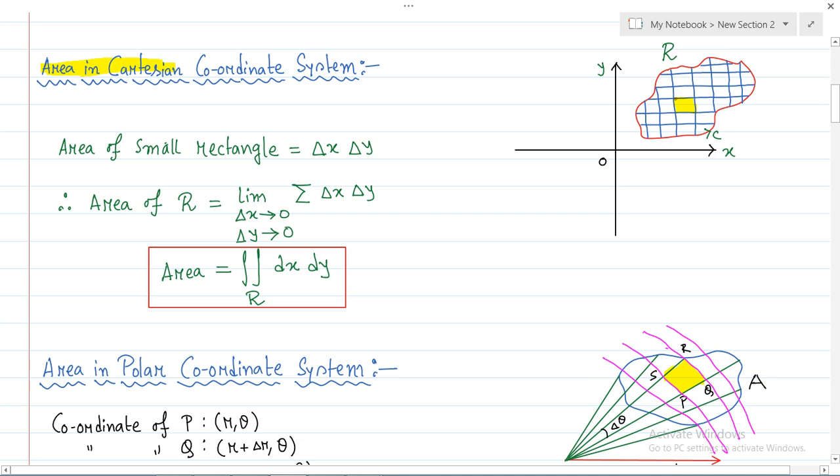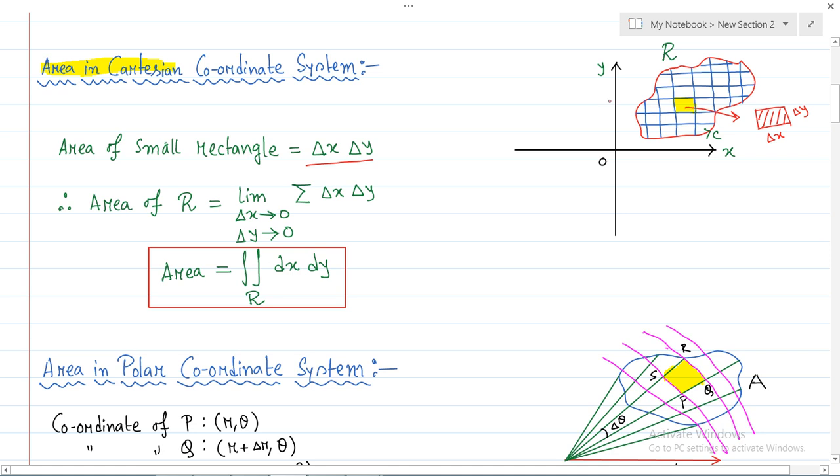If we look at this particular portion, which I have colored yellow, it is considered a small rectangle having length delta x and breadth delta y. Everyone knows that the area of a rectangle can be easily obtained by multiplying length and breadth, so the area of this small rectangle is delta x into delta y.